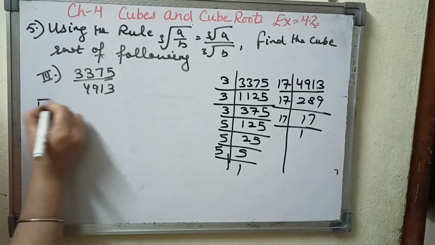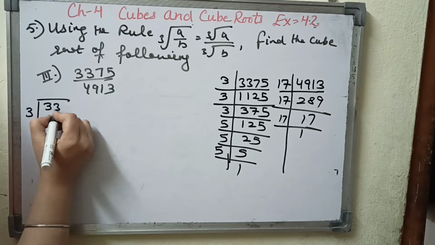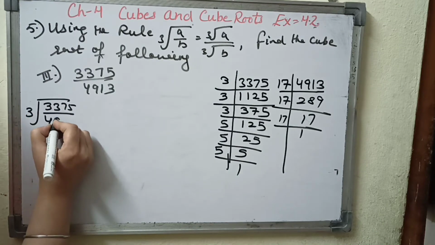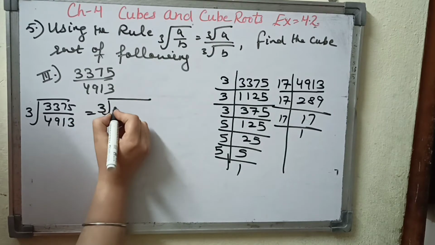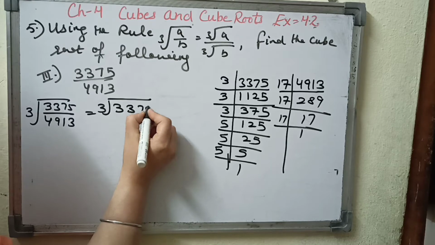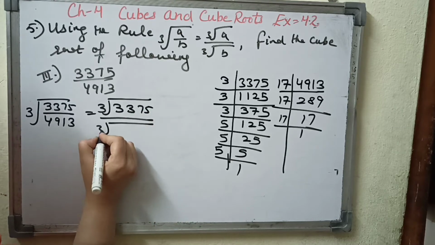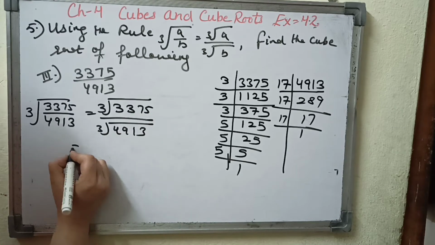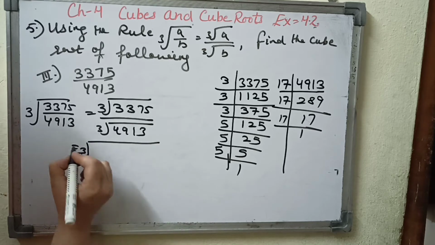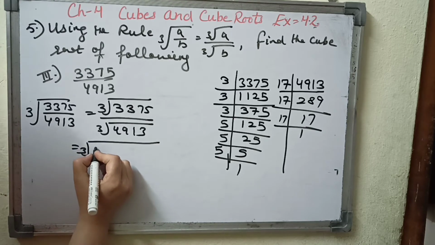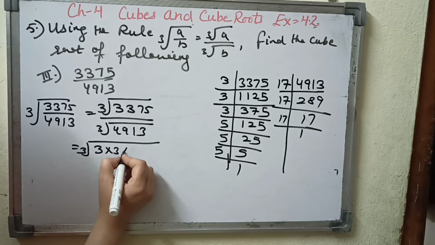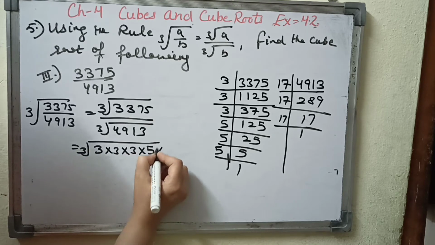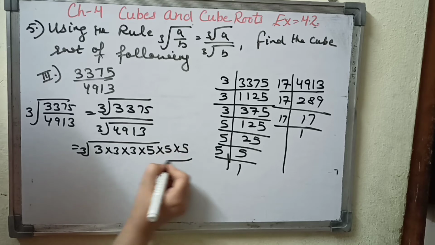Now I have to find the cube root of 3375 over 4913, which is equal, according to this formula, to the cube root of 3375 over the cube root of 4913. Now I simply write down its factors and make the 3 pairs. Now the factors of 3375 are 3 into 3 and 5 into 5 into 5.